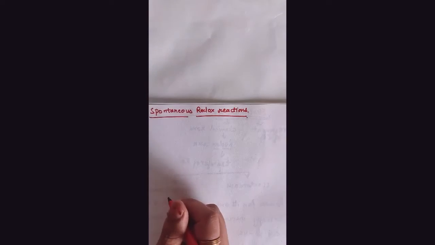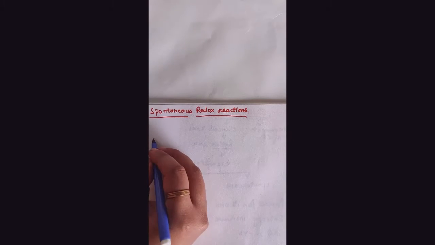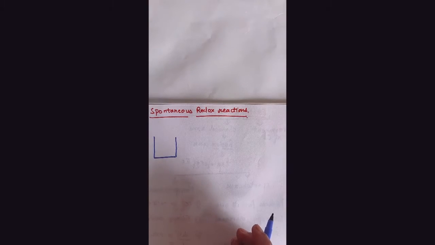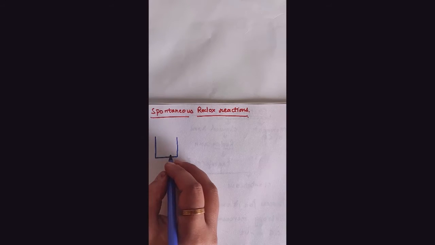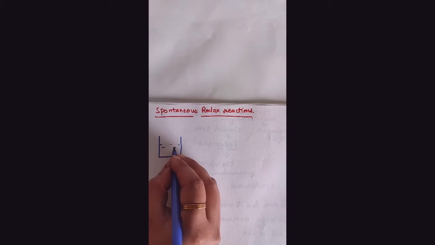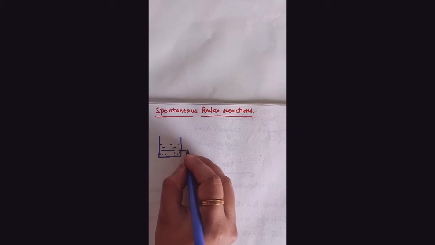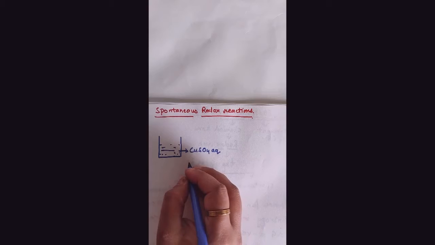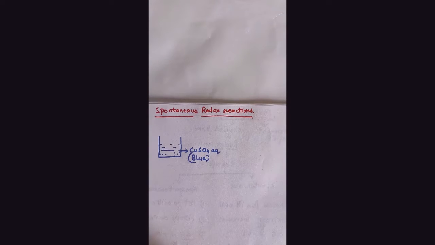So spontaneous redox reaction. For example, if I'm having one container in this way, a beaker here, and here there is a copper sulfate solution. I'm writing copper sulfate aqueous solution, which will be blue colored, okay.